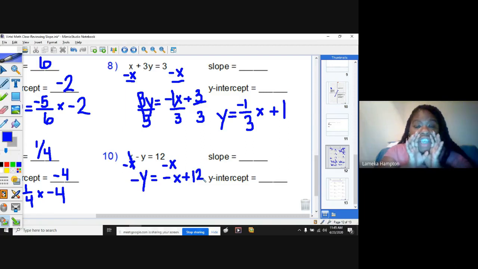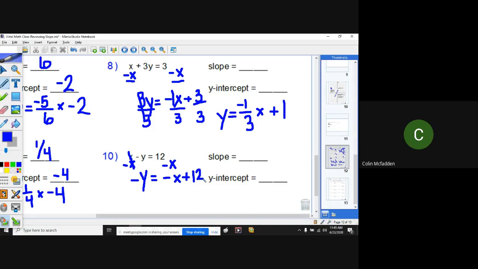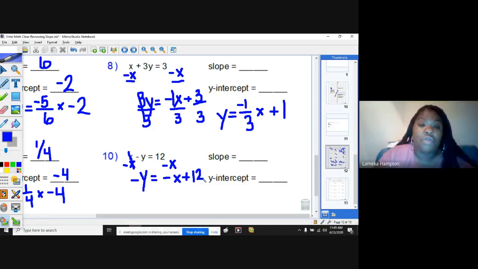Well, no, it's a yes or no question. Is this equation right here, negative y equal to negative x plus 12, is that in the y equals mx plus b format?